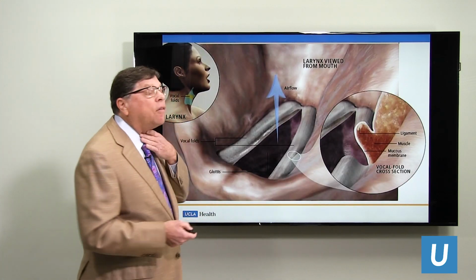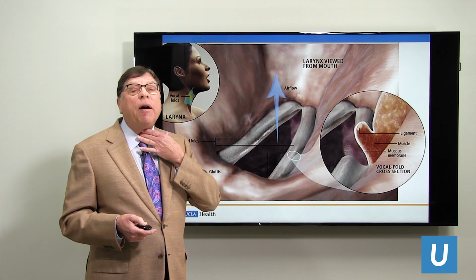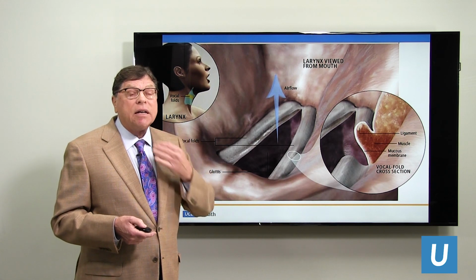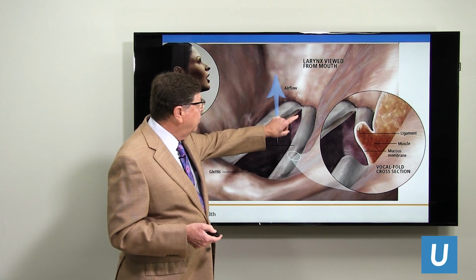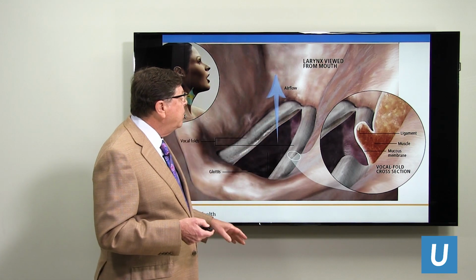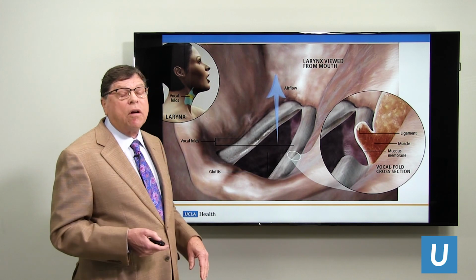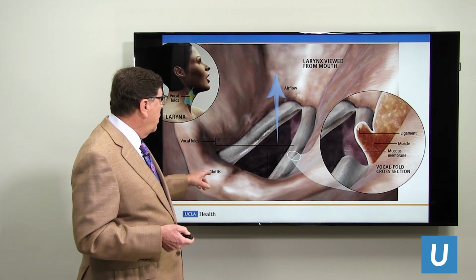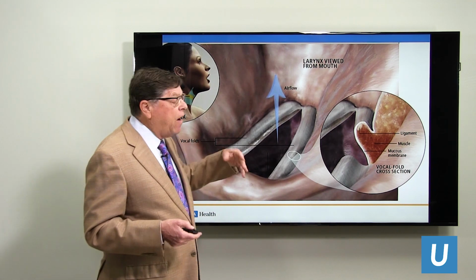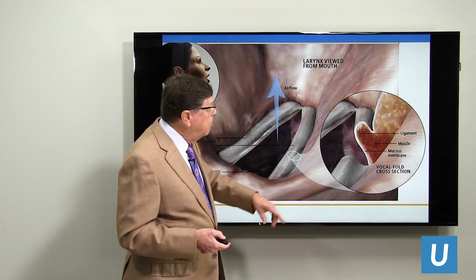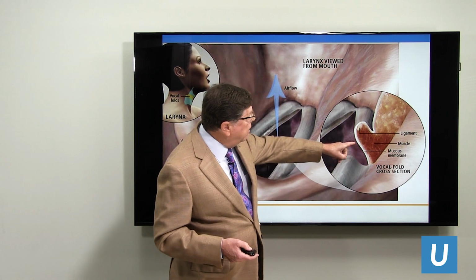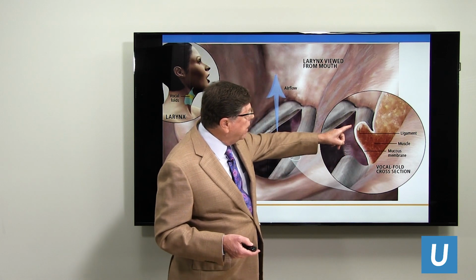So about at the level of our Adam's apple, or about right here in the throat, are our vocal folds, also called vocal cords, which actually vibrate when we pass air through them. And I'll show you that in a minute. But they're really constructed of a mucous membrane.